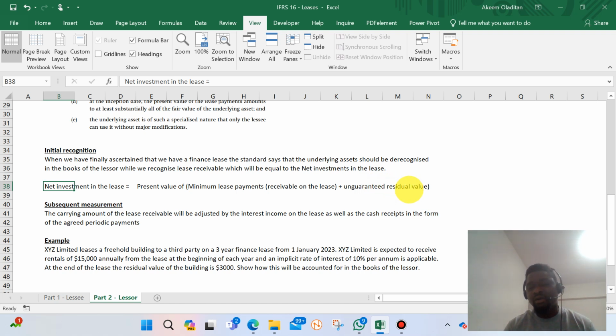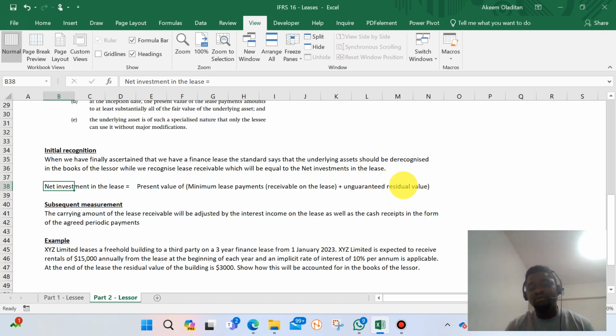For instance, we lease a vehicle for a period of 4 years. At the end of 4 years, we all know that a vehicle would depreciate significantly in value because of the usage over a period of time. So it might become a scrap value at the end of the lease.